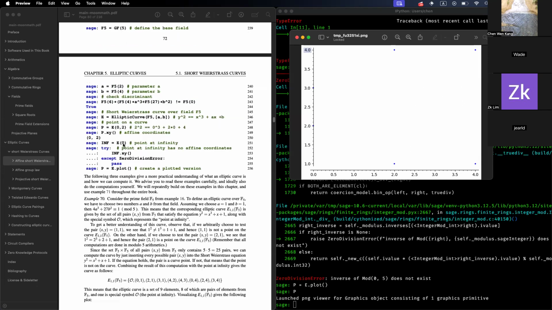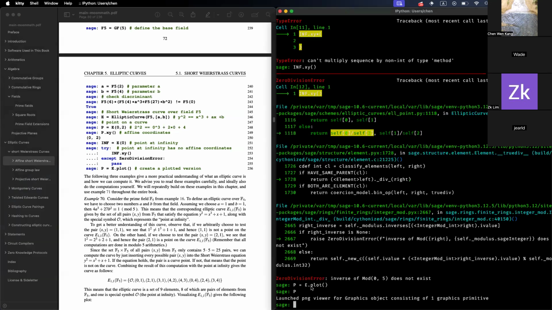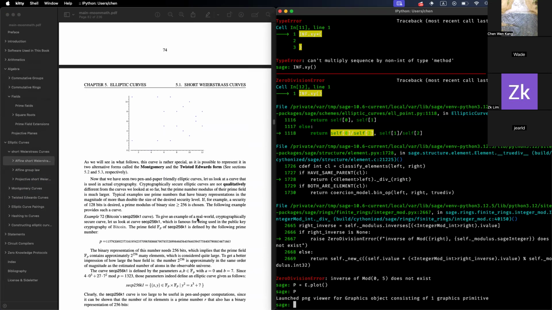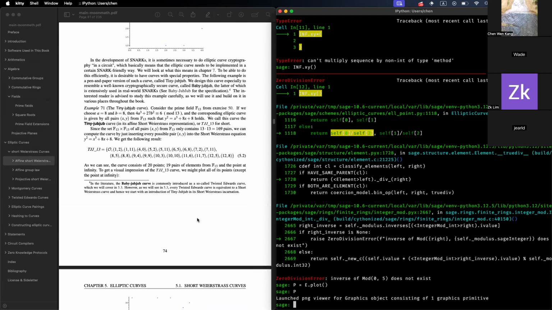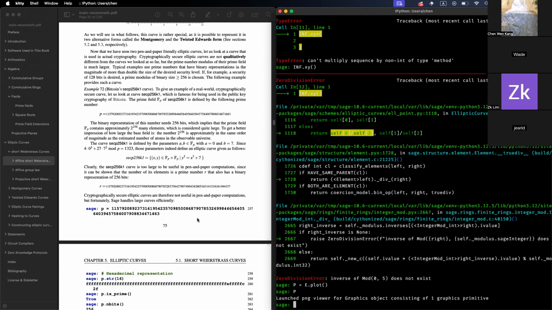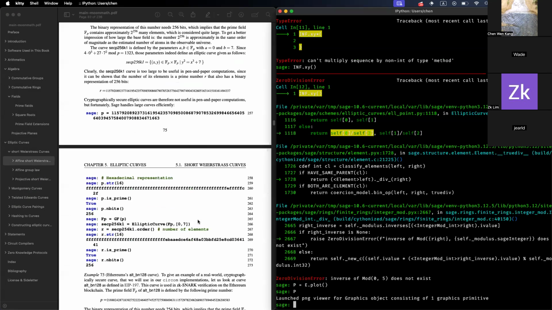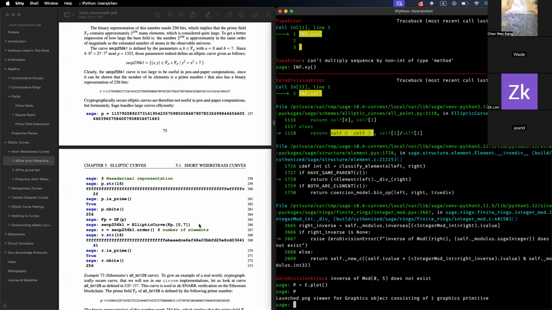And this is an elliptic curve of, yeah, four orders. Yes, you're right, absolutely correct. Anyways, this is confusing, but it should be just E dot plot, right? If you have a bigger order, it should show more, by the way.